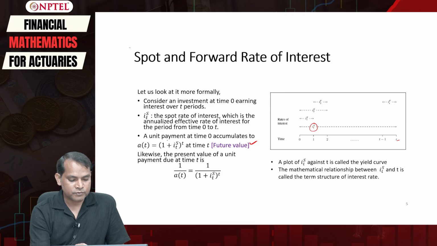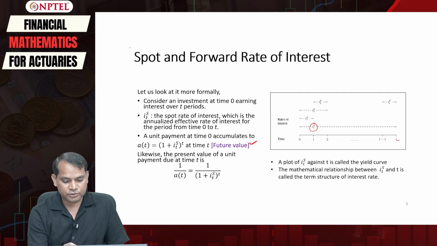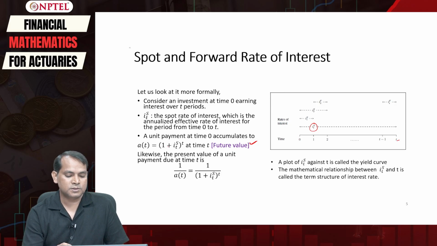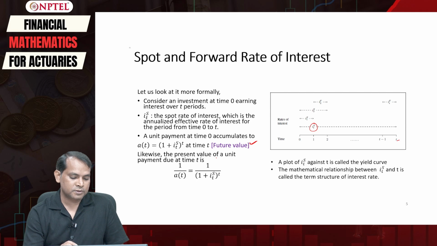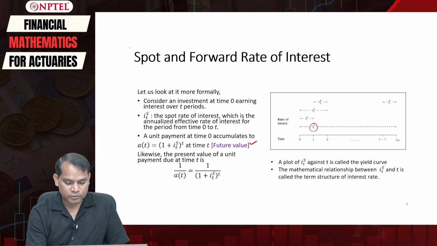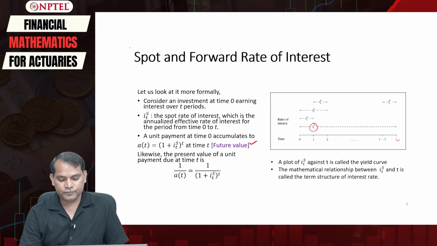So a unit payment, that is a 1 rupee or $1 investment at time 0, accumulates to (1 + i_t^S)^t. In the same way, we can compute the present value of a unit payment due at time t as simply 1 upon a(t), which is equal to 1 upon (1 + i_t^S)^t.